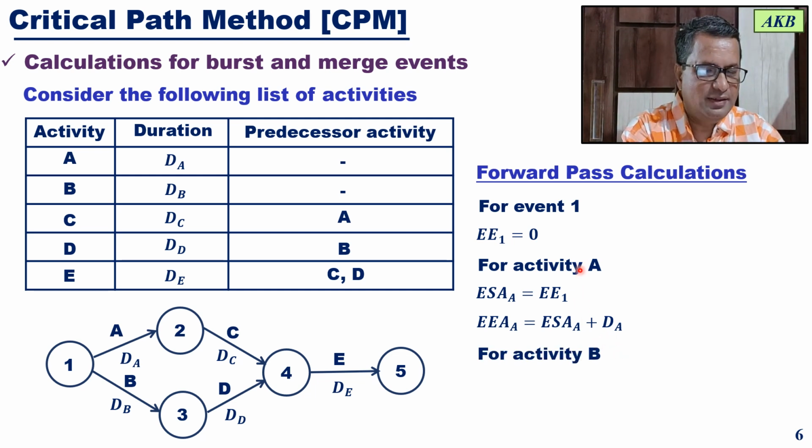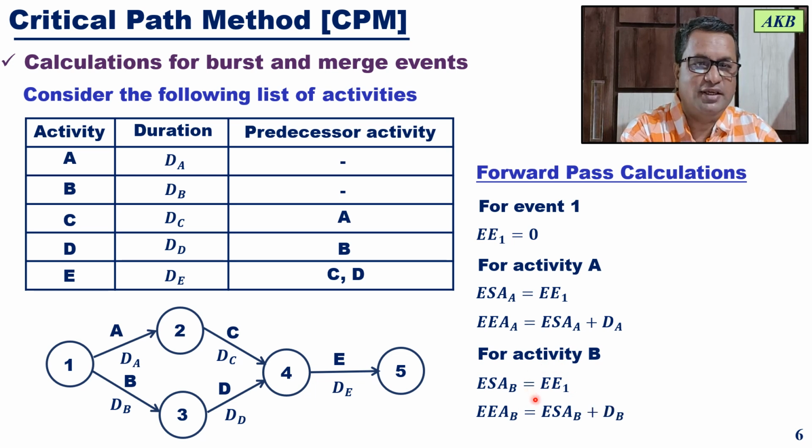Then for activity B, similar calculations. The earliest start time for activity B will again be EE1, and the earliest end time for activity B will be the earliest start time for activity B plus the duration of B. Then you have to do calculations for event 2.